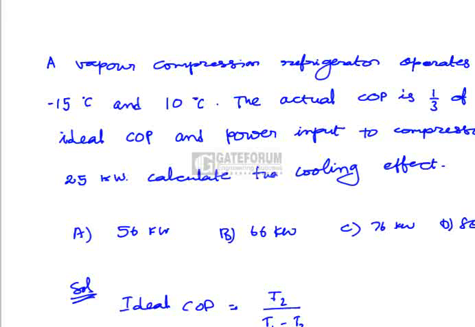Here T1 is equal 283 Kelvin, that is 10 degrees centigrade, and T2 is equal minus 15 degrees centigrade or 258 Kelvin.